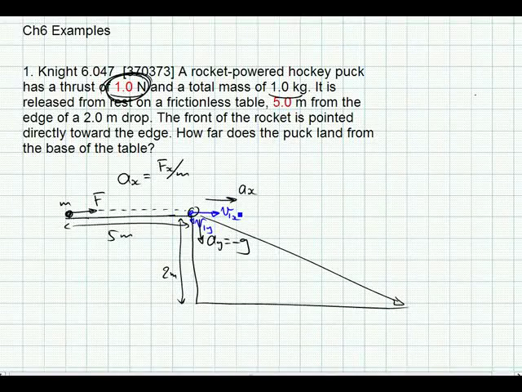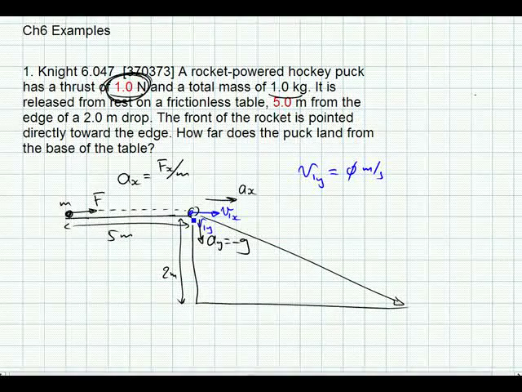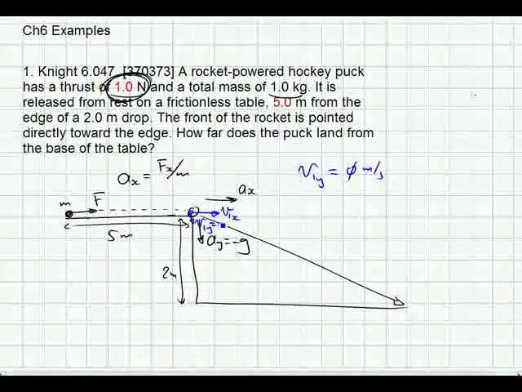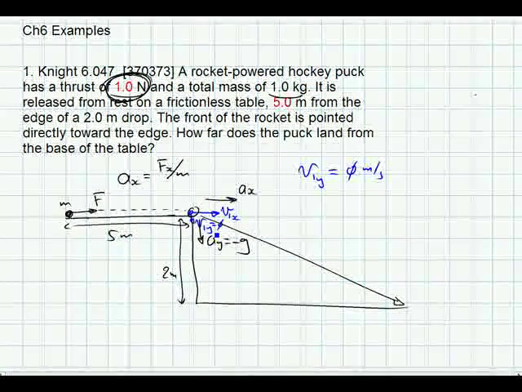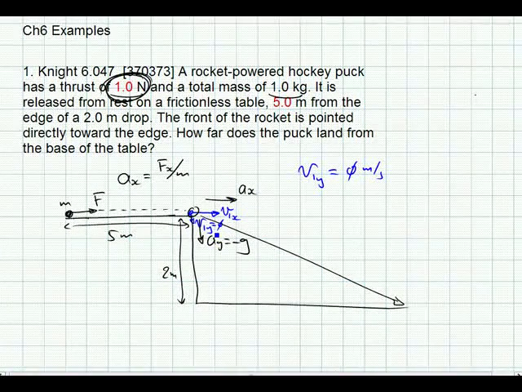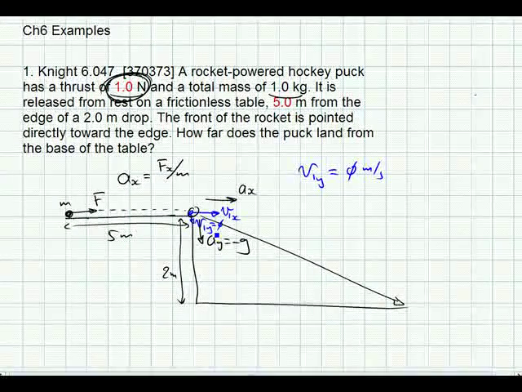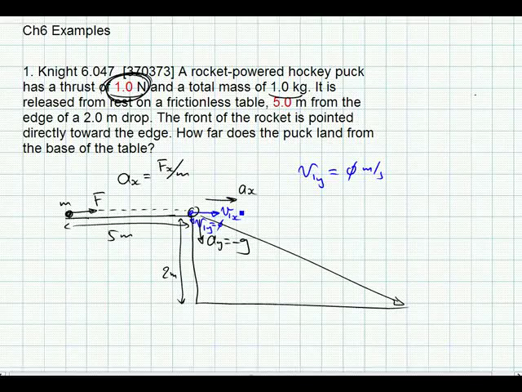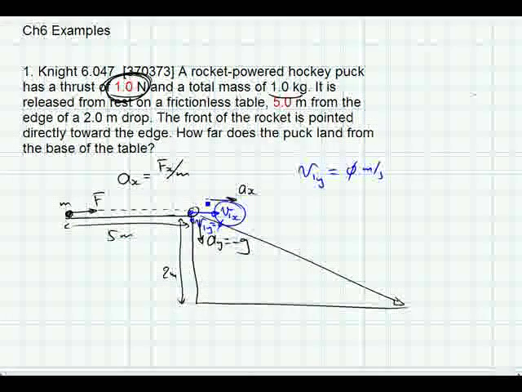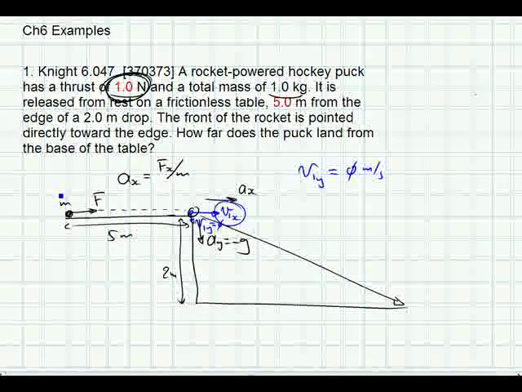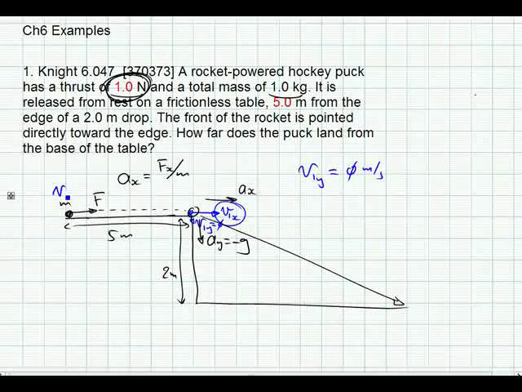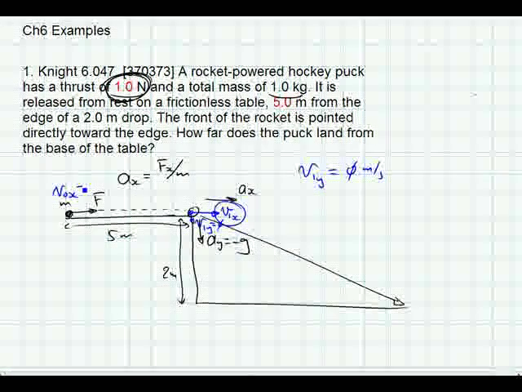Now v1y is 0 meters per second, because the puck has no vertical velocity as soon as it is launched off the edge of the table. But as far as v1x, you can figure that out by saying that we know v0x at this point is 0.